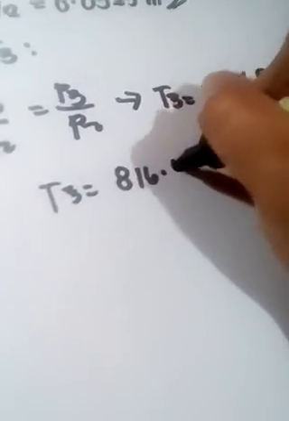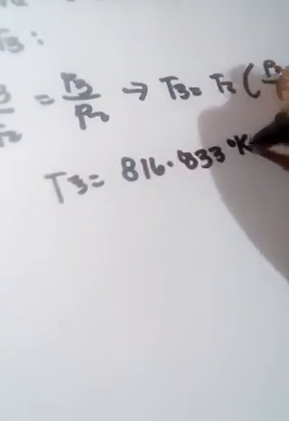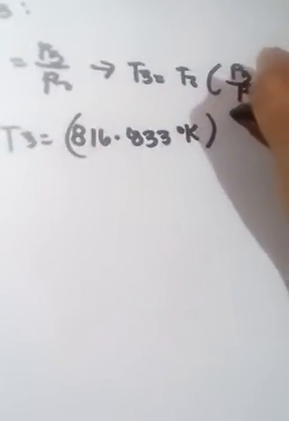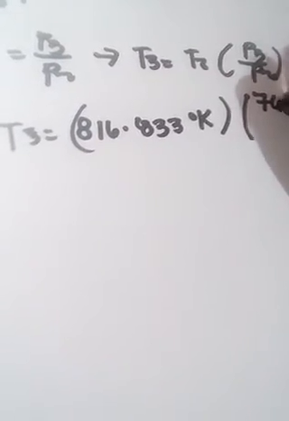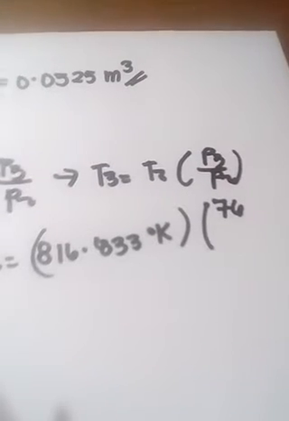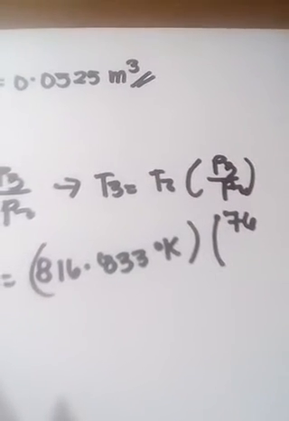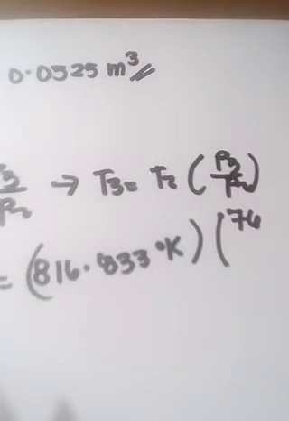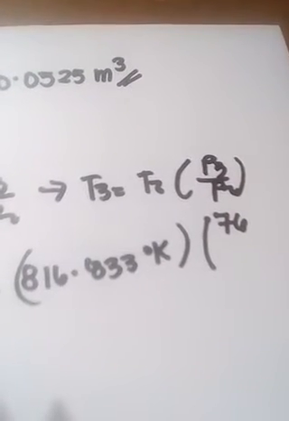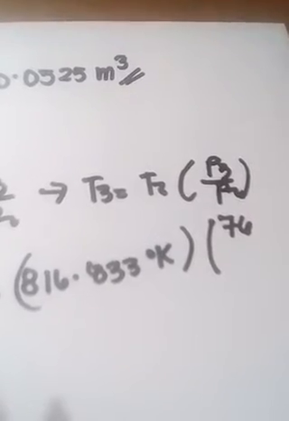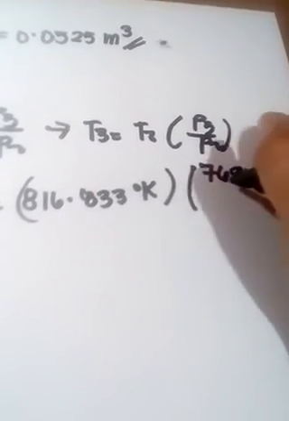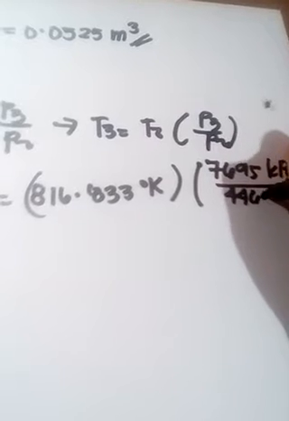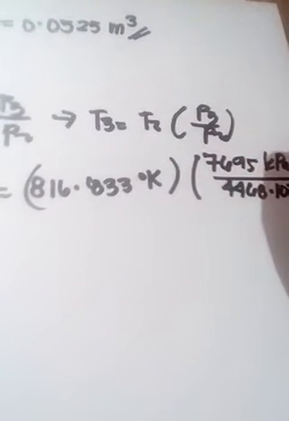Therefore, T3 is equal to 816.893 degrees Kelvin times P3, which is 7,695 kilopascal, over 4,468.107 kilopascal.